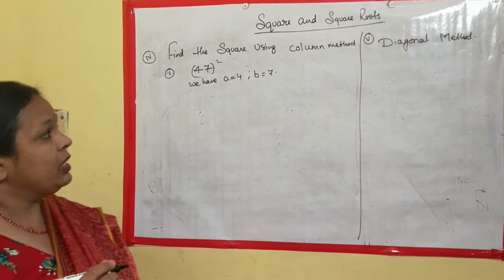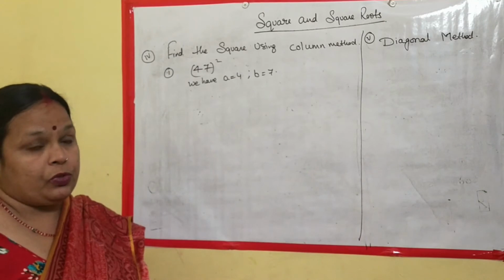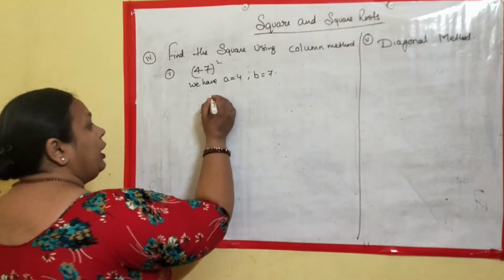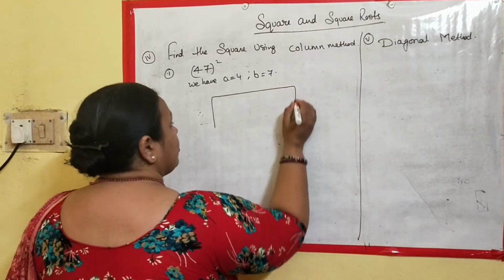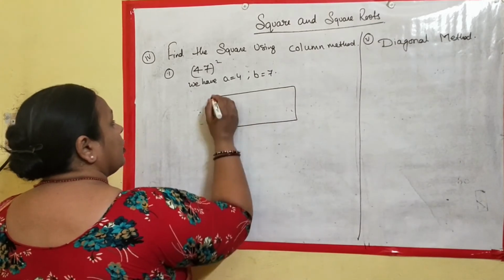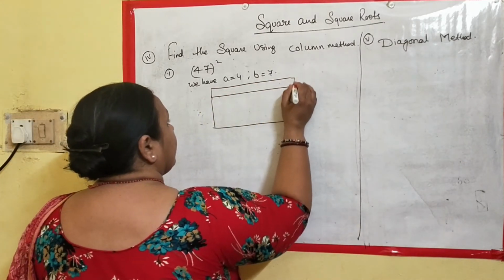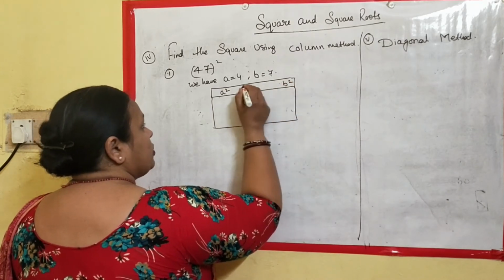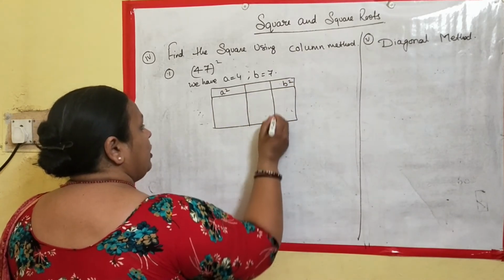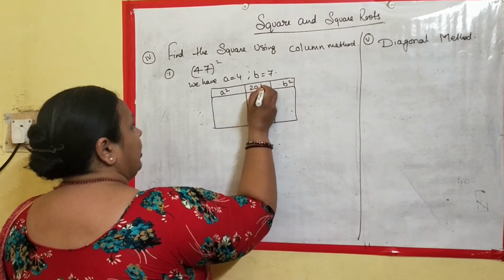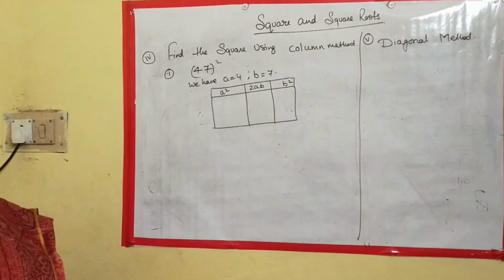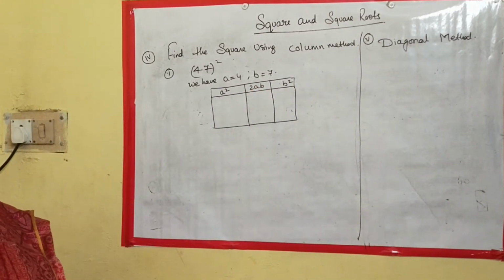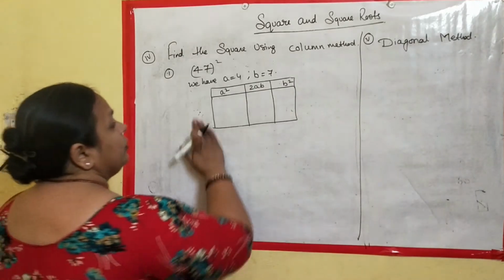Now when a is equal to 4 and b is equal to 7, we will be dividing this in 3 columns. Clear? First one will be your a square, last one will be your b square, and in the middle you will have 2ab. Clear? Again we are using the identity, but the method is column method.